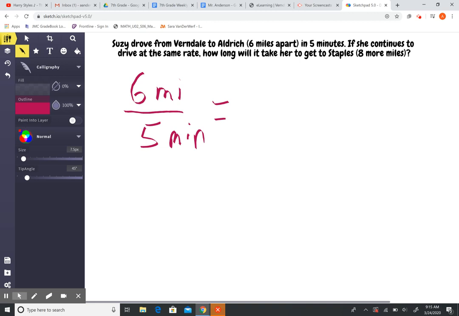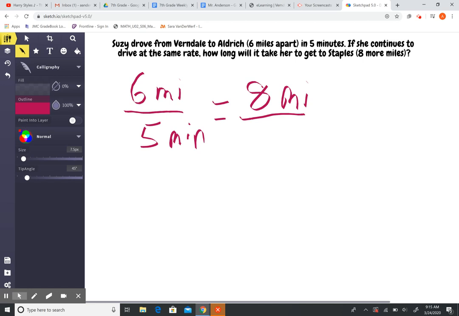All right. It takes 8 more miles. So we have to think, should I put 8 miles in the numerator or in the denominator? It has to stay consistent. So 6 miles is in the numerator on the left side, which means I have to put 8 miles in the numerator on the right side per, we don't know how many minutes.